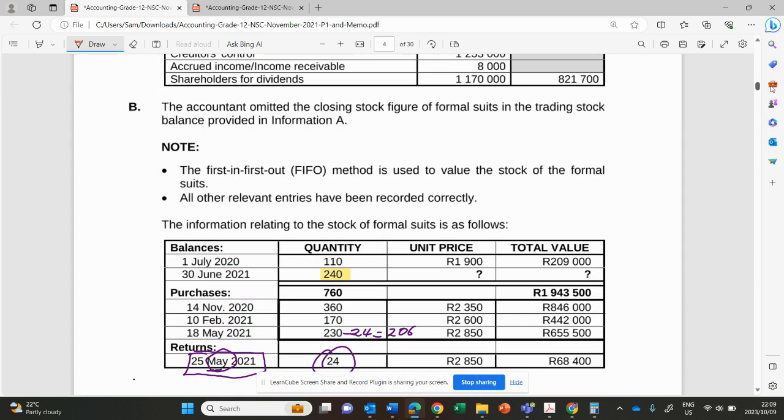So there it is, formal suits. This was omitted, right? This is the one that was omitted. So this one, you're gonna add the closing of formal suits that we calculated at the beginning.